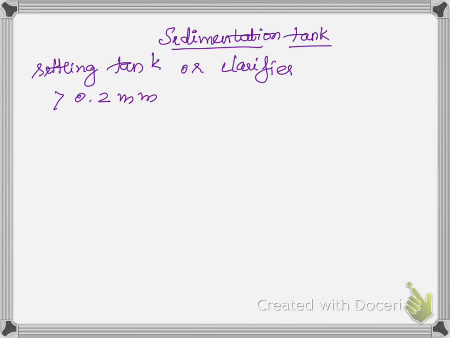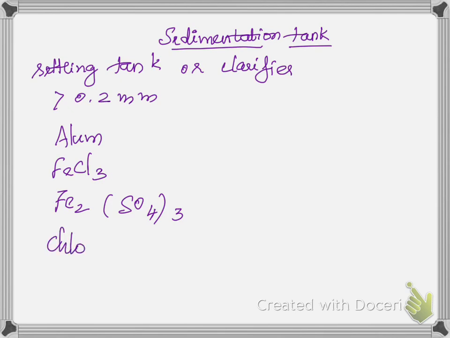Many chemicals will be added as coagulants. The main chemical is alum, otherwise called aluminium sulfate. Then you can add ferric chloride, FeCl3. Then you can add ferric sulfate, Fe2SO4, and you can add chlorinated copperas, which is nothing but a mixture of ferric chloride and ferric sulfate.